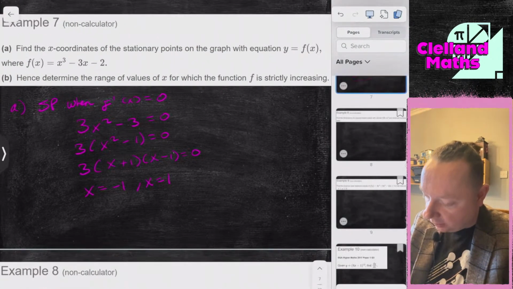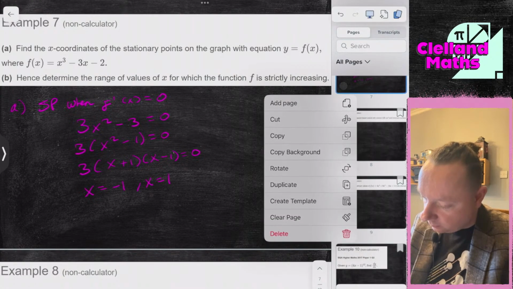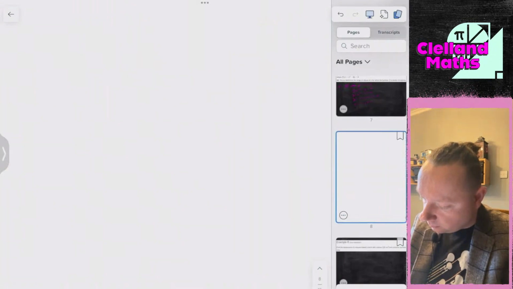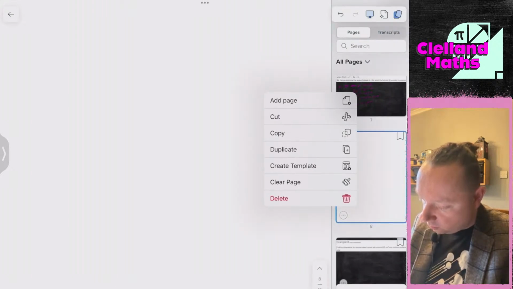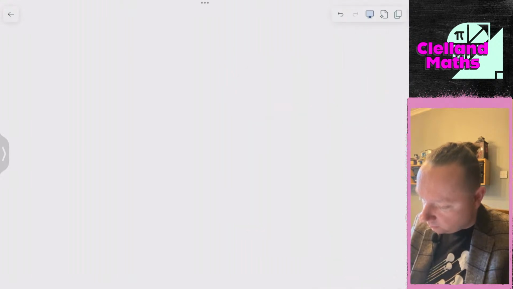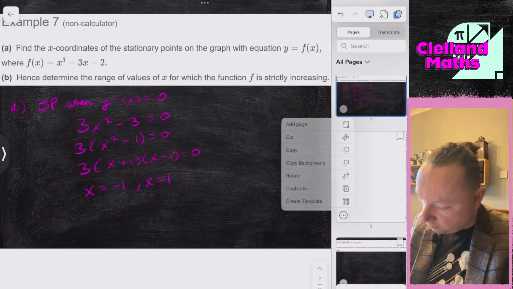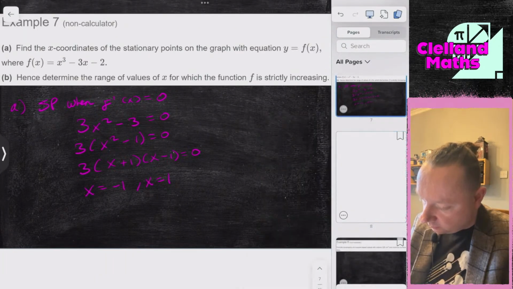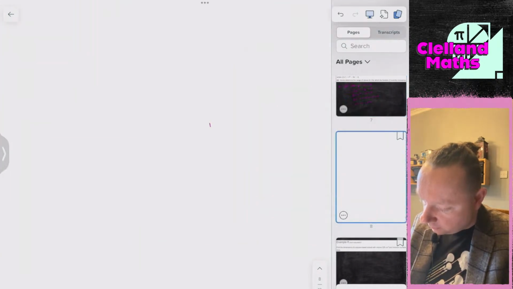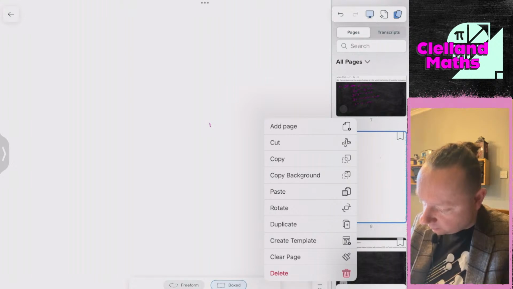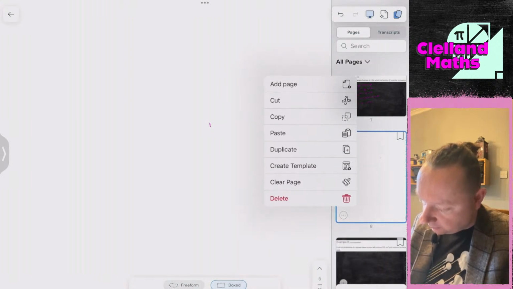Just going to add a page here. And let's see if I can make it dark, because that is awful. Looks not. Copy background. Can I paste the background? How do I use this? Let's try pasting here.